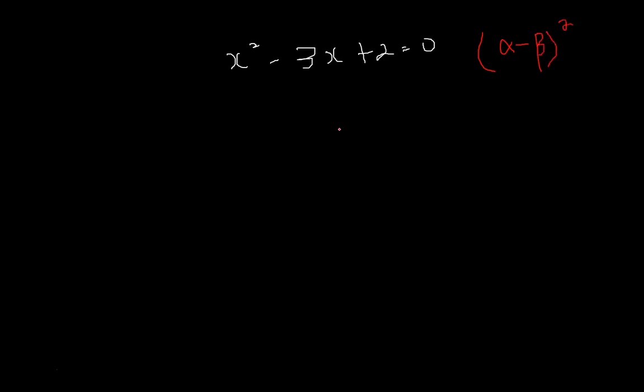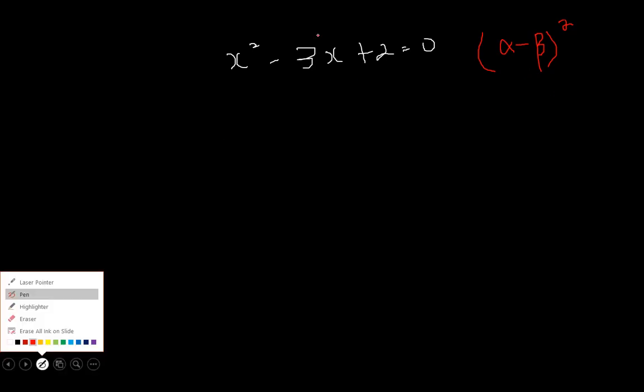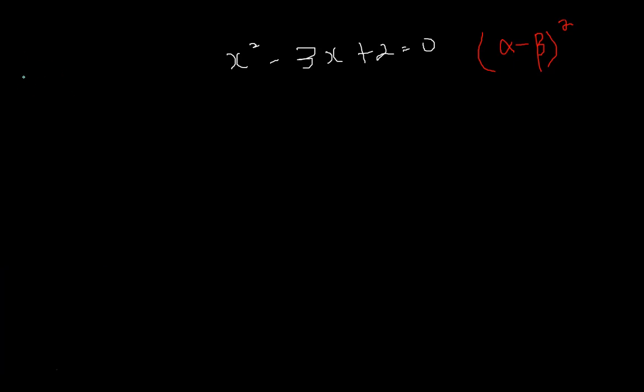All right, so since you say you understand, I want you to find this for me. Find alpha minus beta squared. You already worked out alpha beta to be 2 and alpha plus beta to be 3.